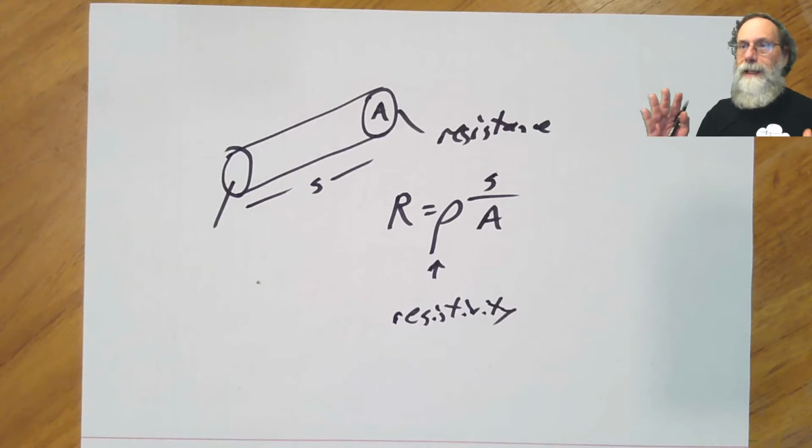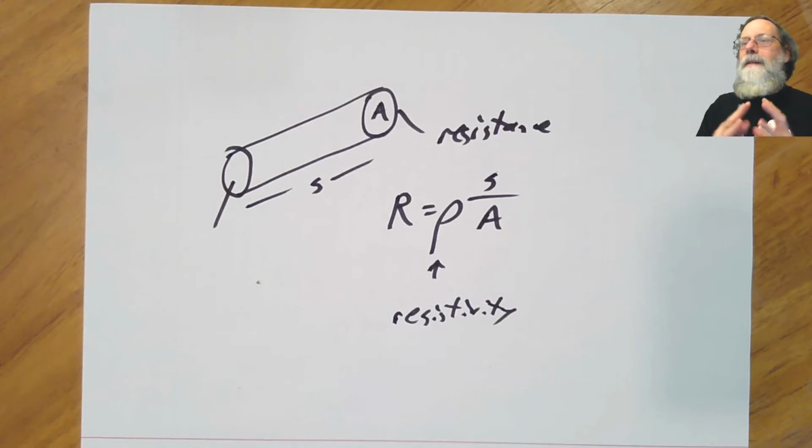Now this particular geometry, with two flat plates at the end of a constant cross-section cylinder, or actually any prism, you can do rectangles or triangles as long as it's a constant cross-section, is not a very common one for actually making measurements, because it's a little bit difficult to arrange when you've got to do flow and things like that.